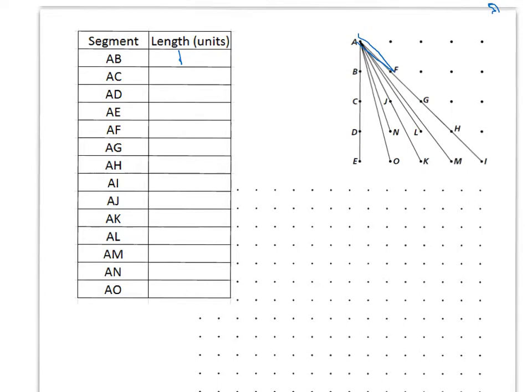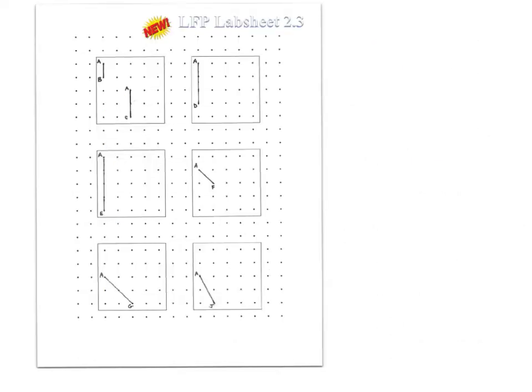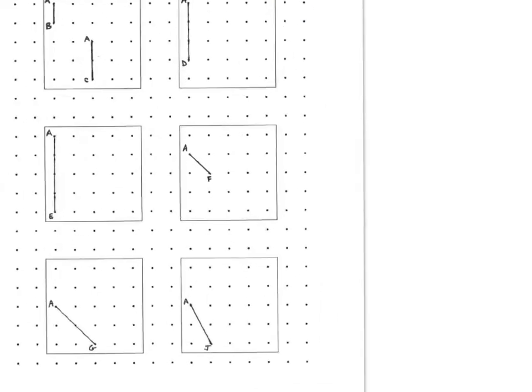Those are a little bit harder to draw. So let's go back to the front of your lab sheet where I have that pre-drawn for you. So you'll see AF drawn in the middle right-hand side box on the front of your lab sheet. Again, I'll make that a little bit bigger for you so it will show up better on the video.